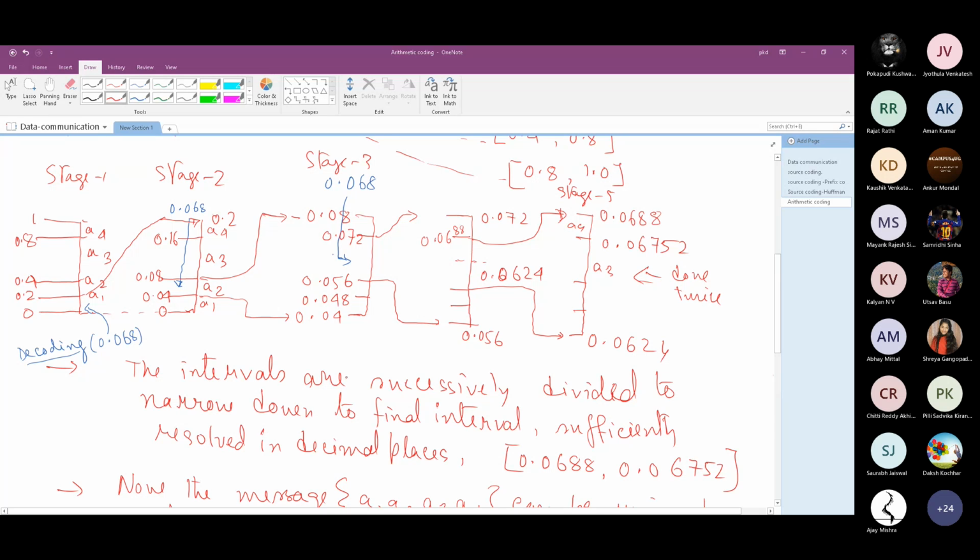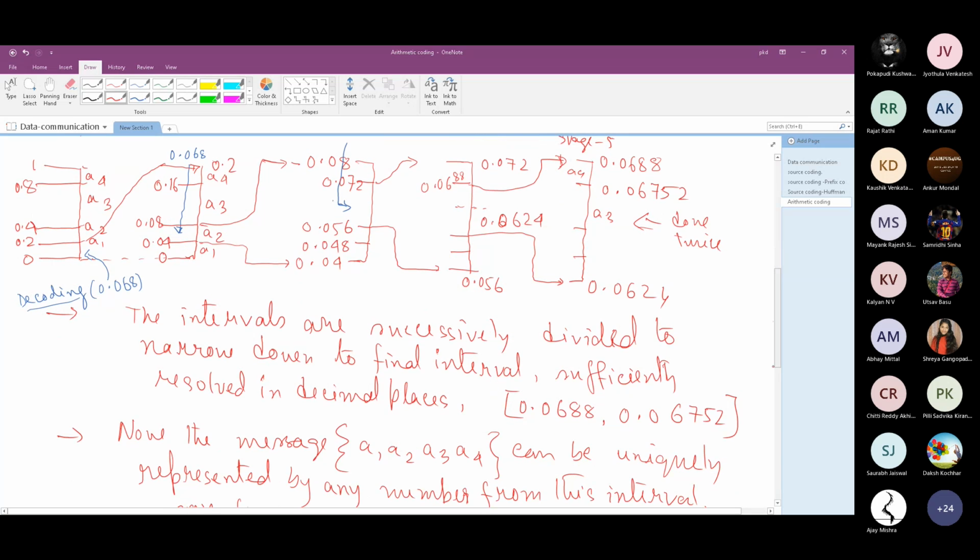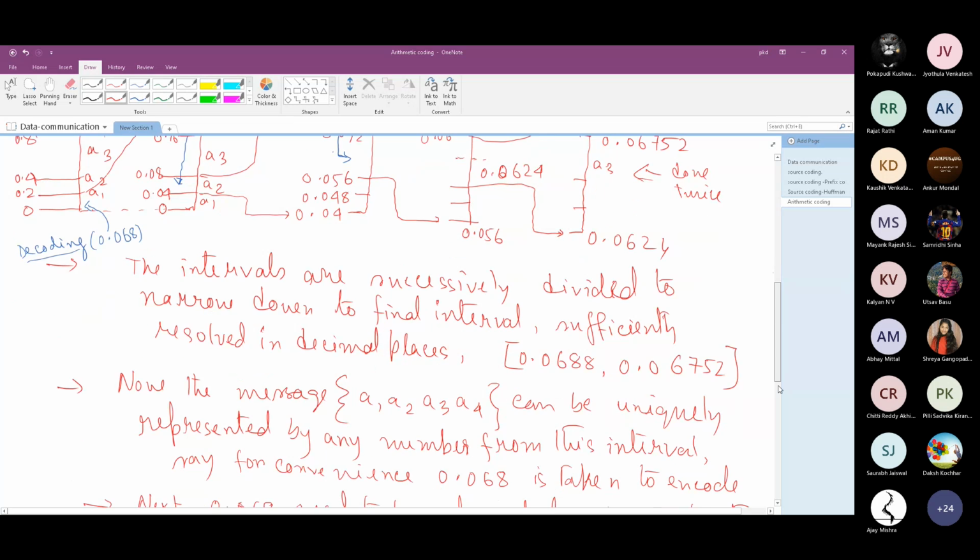So that happens. That's why the programming is very tricky for a general scenario. Here we are doing it with 4 symbols, and for convenience we have taken some good numbers.